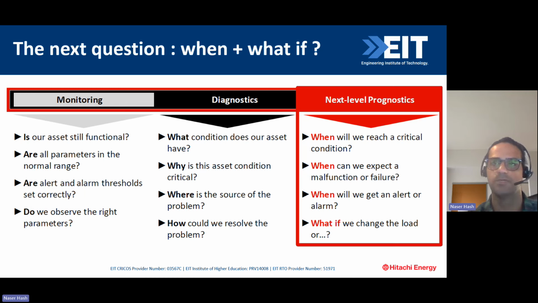Another important thing if you want to do prognosis: if we can see that our equipment is running at 100% load and something wrong is happening, we can forecast the failure mode in the future, increasing with the load of 100%, and we see that the probability of failure has increased to 60% or 70%.